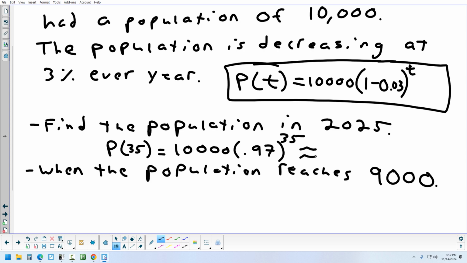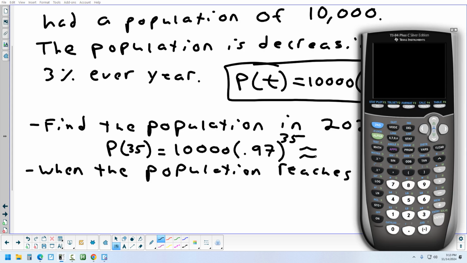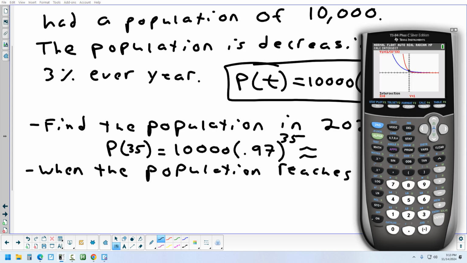This is going to tell us about how many people would be left in the town after 35 years. So let's do 10,000 times 0.97 raised to the 35th power. We'll have gone from 10,000 people, and we'll just round to the nearest person. What would that be properly rounded to the nearest person?